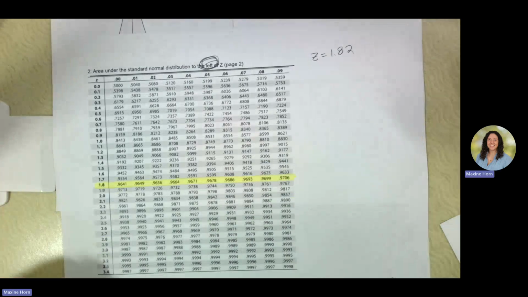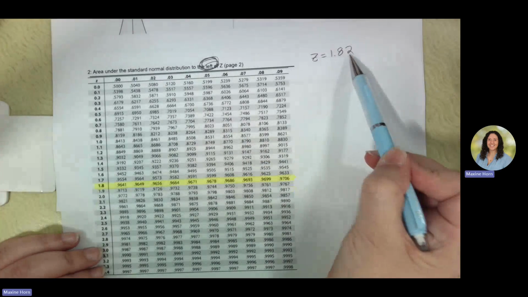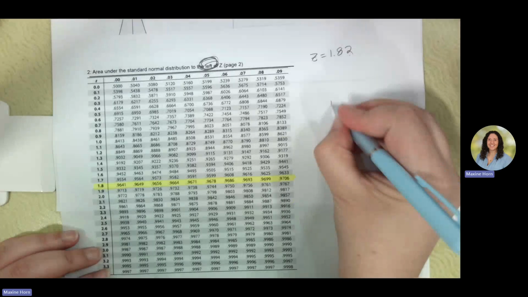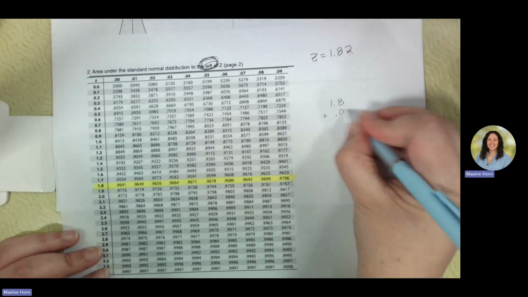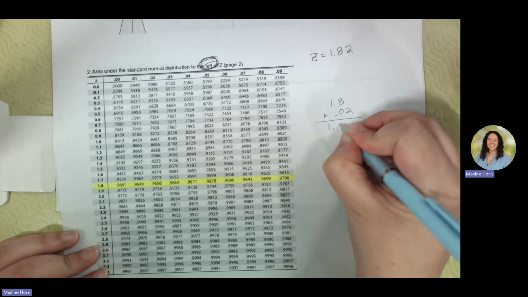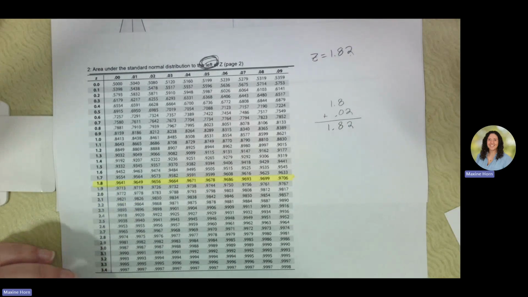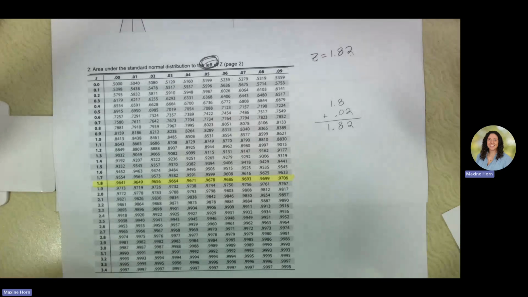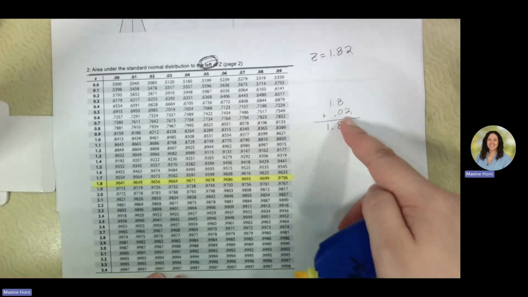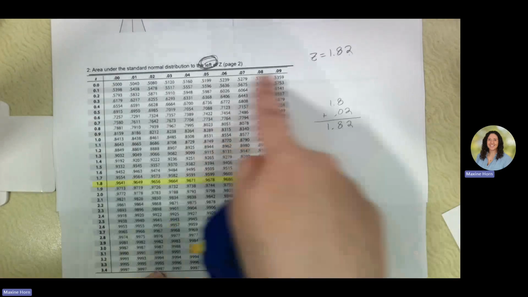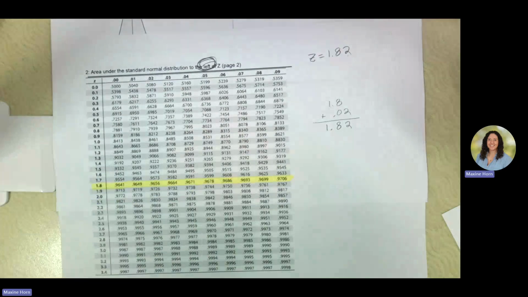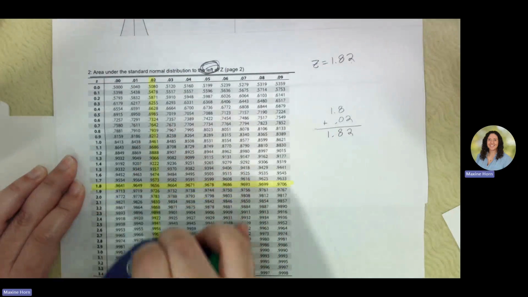But it's 1.82. So if I have 1.8 and I add to it 0.02, I get 1.82. Do you guys see that? I think some people sometimes have trouble understanding how this works. That's where we're getting these two separate numbers. We have to look for the 0.02 up top, which is right there, so we're looking at this column.